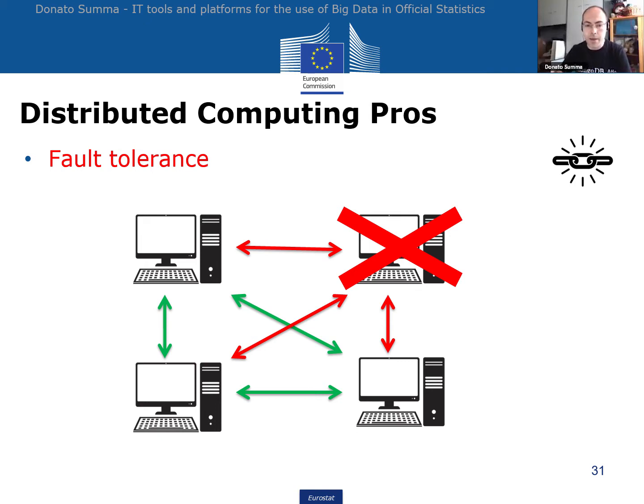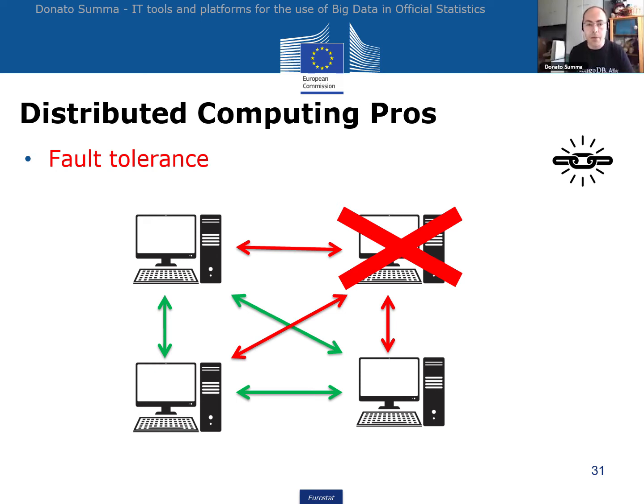They can do the work of the computer that crashed. Of course, the performance will slow down a little bit, but the advantage is that we don't have to start from the beginning what we were doing.